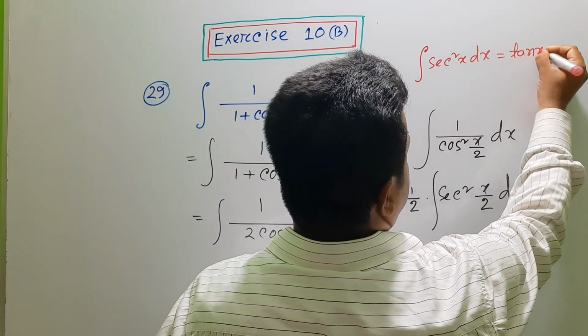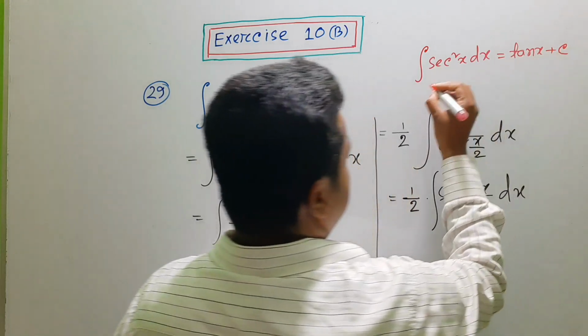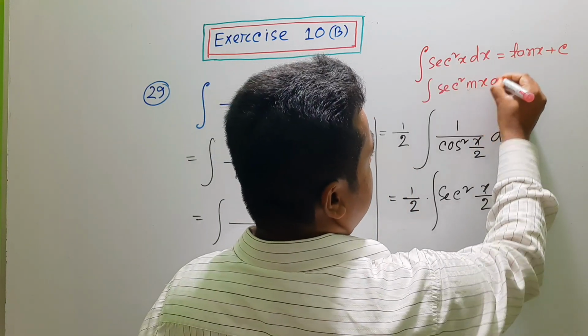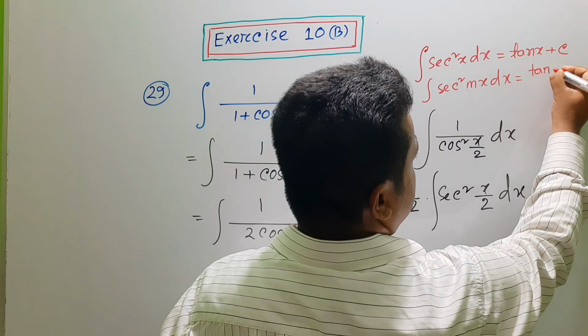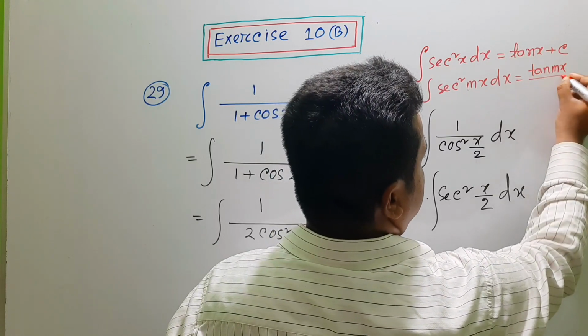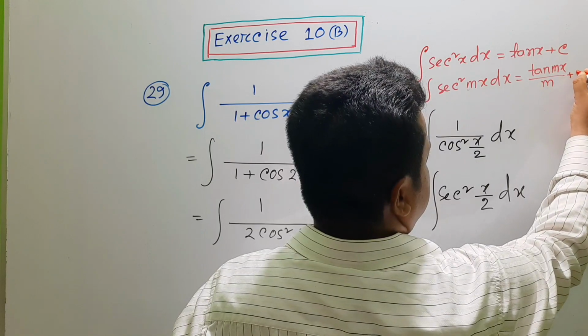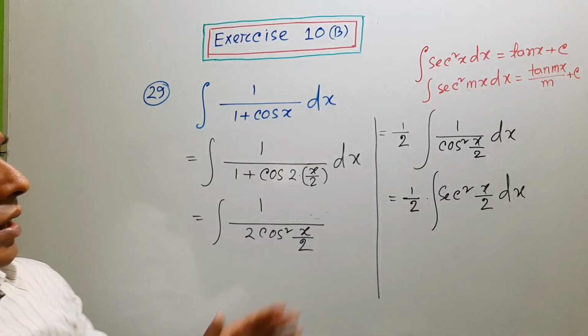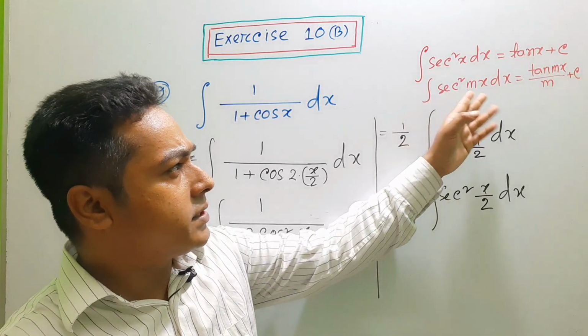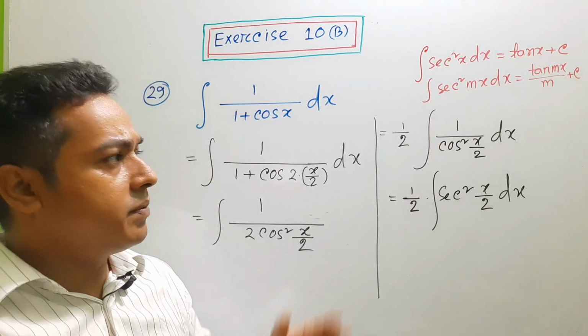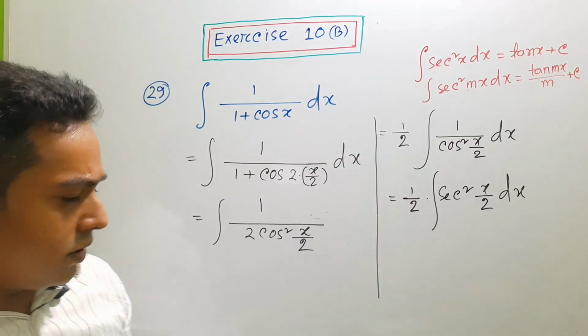tan x plus c. Integration of sec square mx dx is equal to tan mx divided by m plus c.